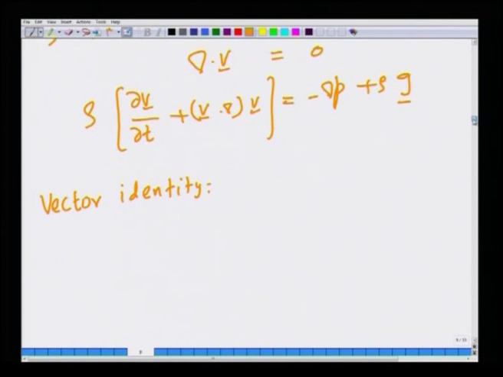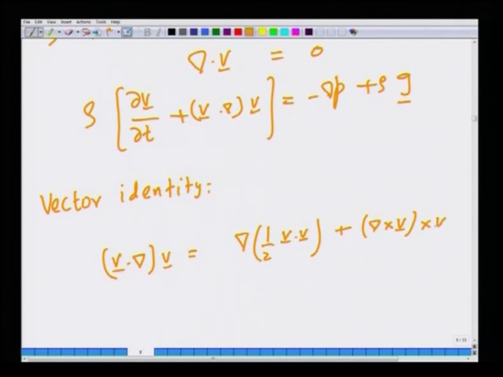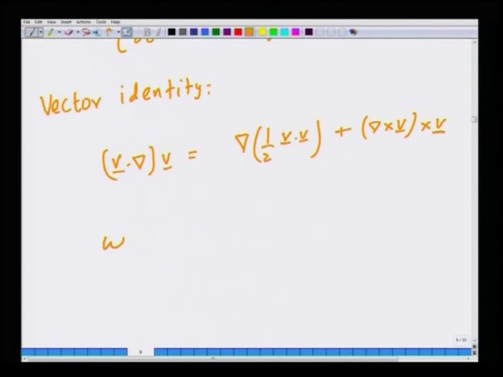There is a standard vector identity that V dot gradient of V can be written as del of half V dot V plus del cross V cross V. Now, del cross V is the curl of the velocity vector, which is called the vorticity vector in fluid mechanics.